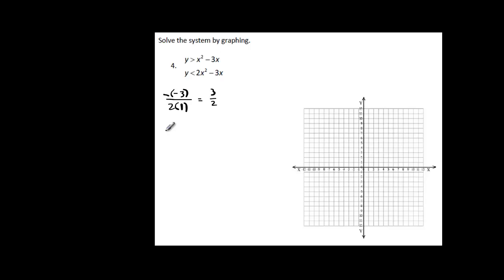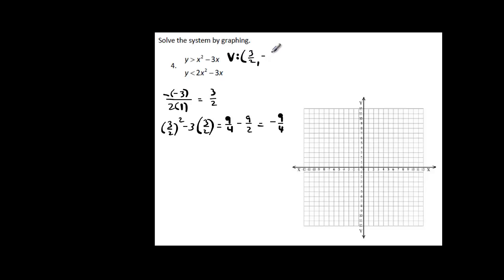So let's plug that back in. So 3 over 2 squared minus 3 times 3 over 2. This is going to be 9/4 minus 9/2. That's going to be negative 9/4. So that's your first vertex up here.